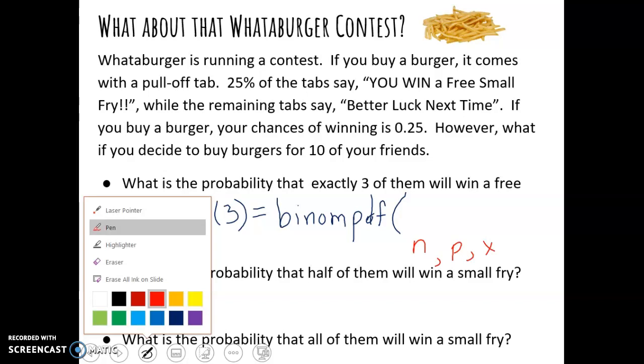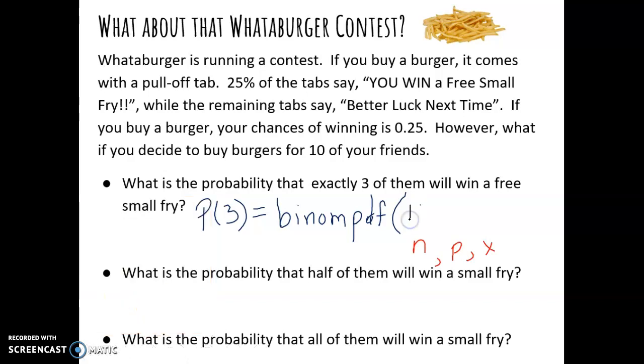So what is the number of trials? Well, how many hamburgers are we buying? We are buying 10 hamburgers, so N equals 10. Next we need P. P is the probability that we will win if we buy just 1 hamburger, so that is 0.25.